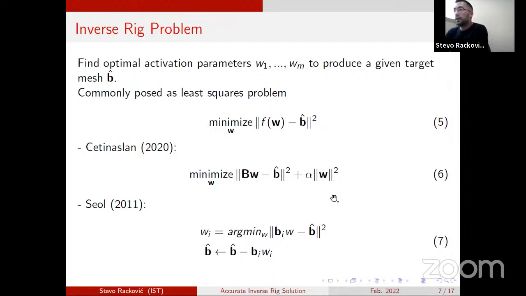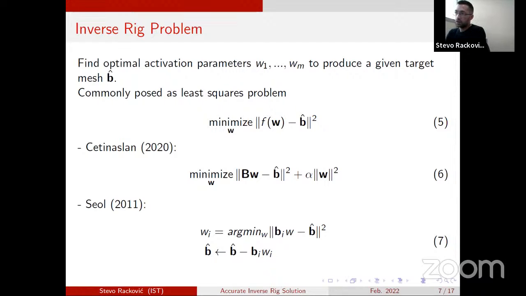And then another approach is given by a bit older paper. In this case, again, we have a linear blend shape function, but each of the controllers is visited once at a time and solved for. And we update the residuals after solving for each controller. In this case, it's crucial to mention that the order in which controllers are visited will influence the result a lot.